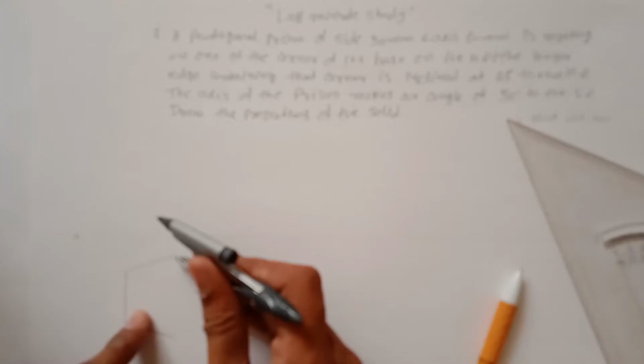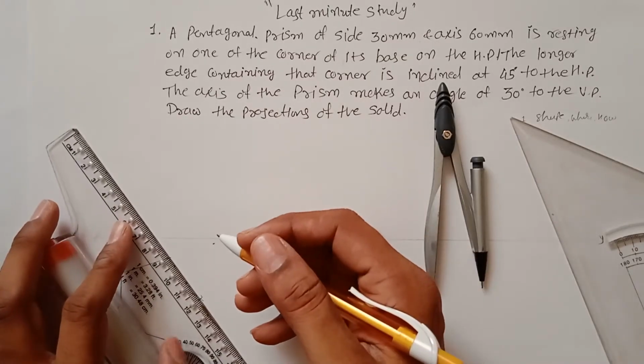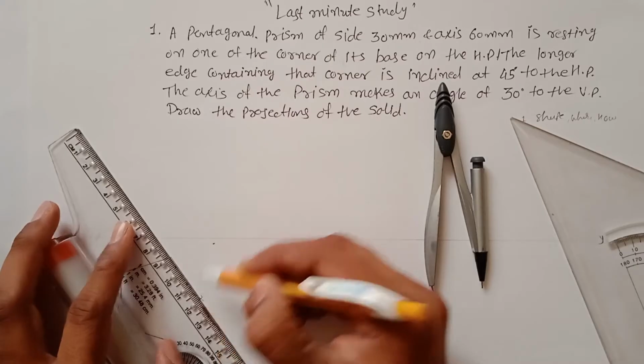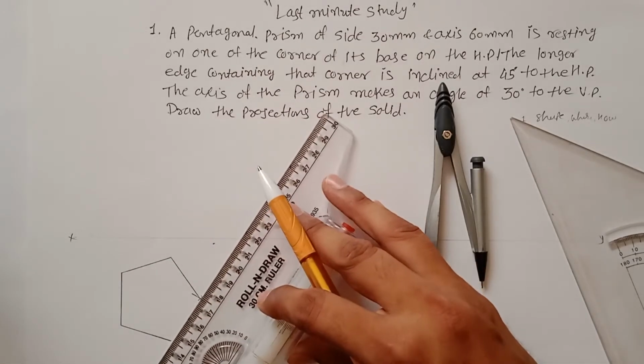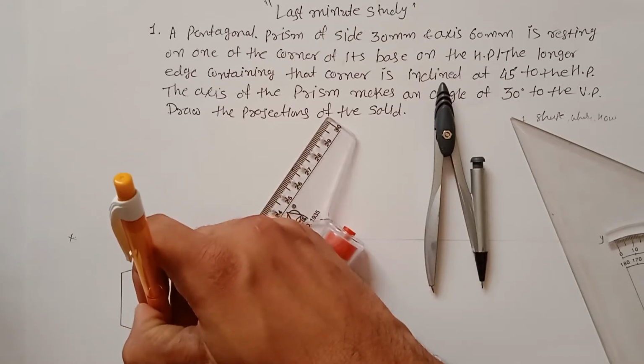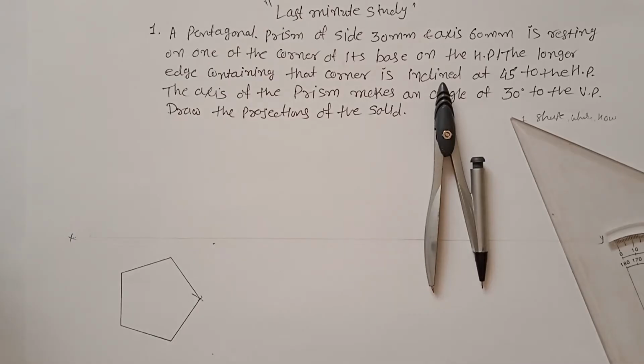To find out the third point, you have to use this method. Join them. So this is the top view of your solid.